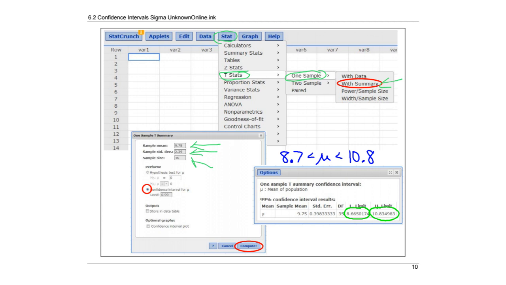At that point, I'm going to click confidence interval and put the 0.99 in there. Now when I hit compute, it's going to give me a lower limit of 8.7 and an upper limit of 10.8. So I am 99% confident that the population mean is somewhere between 8.7 and 10.8.